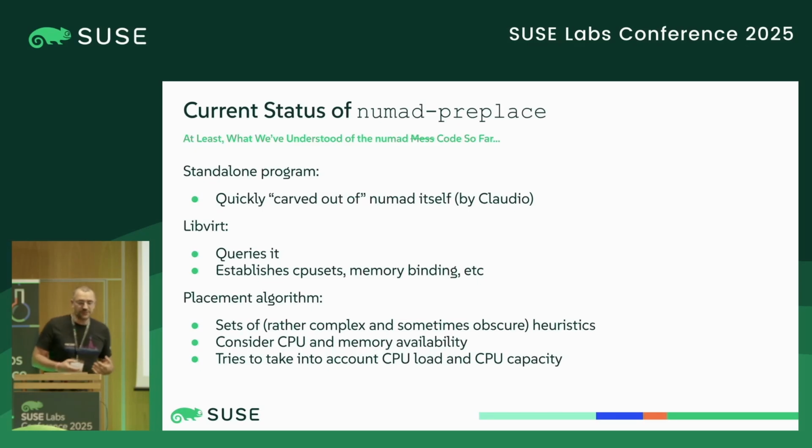What it needs to be, well, for now, it's basically, as I said at the beginning, us carving out the pre-placement functionality of NUMAD and isolating it in a different binary, and using it.